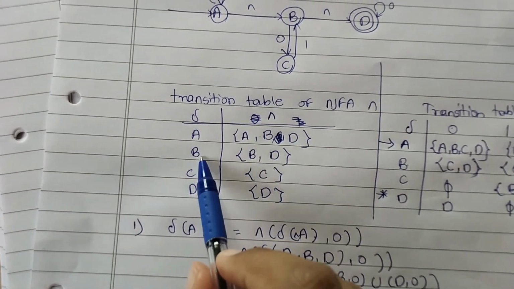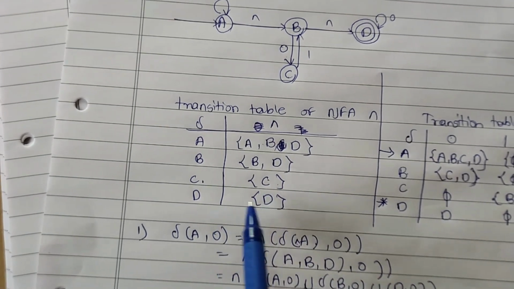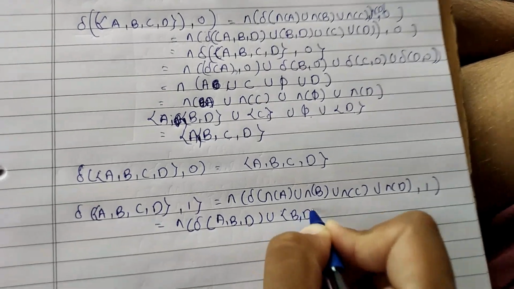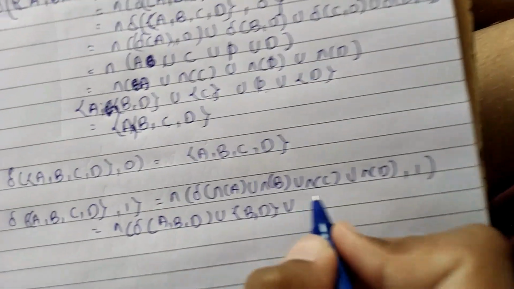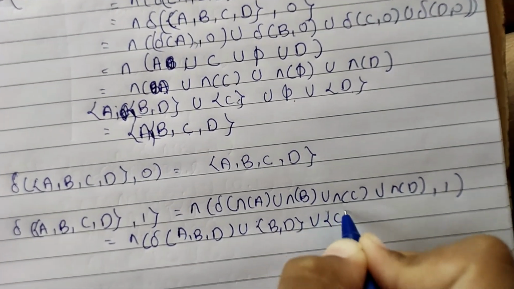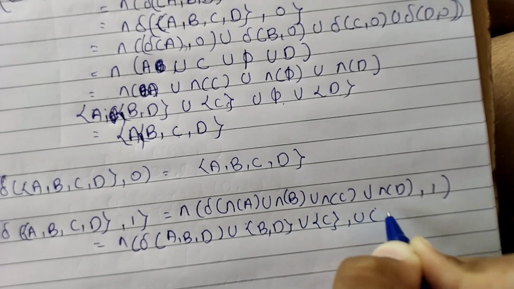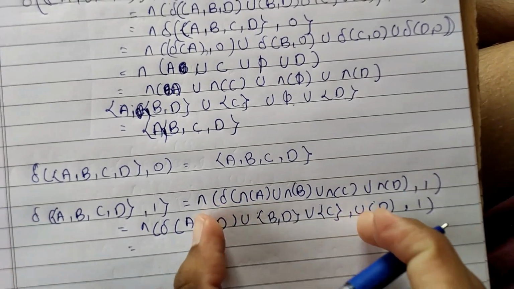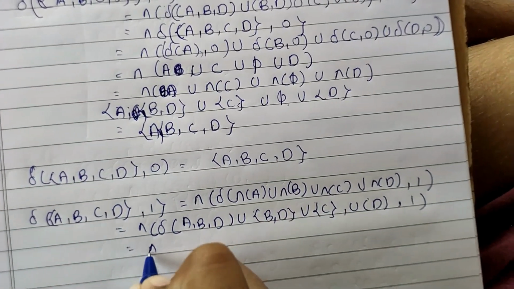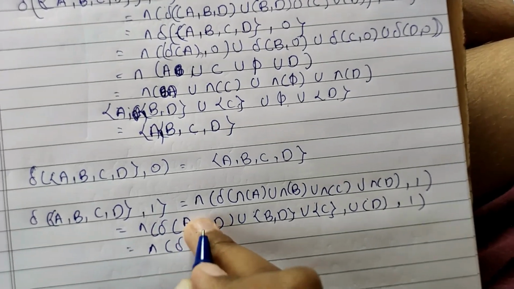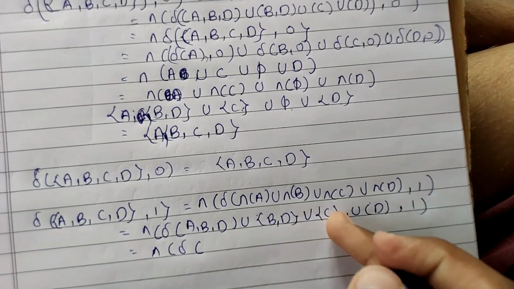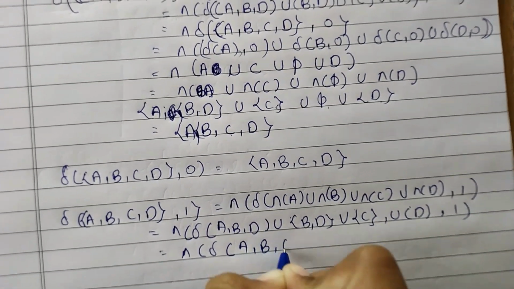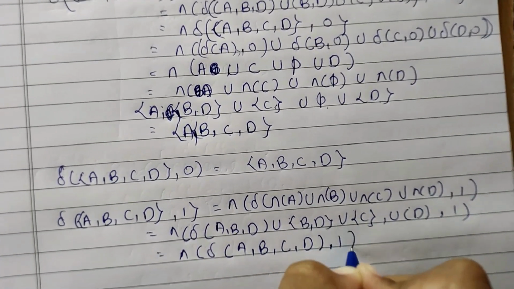Null of A is ABD, null of B is BD, null of C is C, and null of D is D. So we perform union on this, and we get again ABCD, because ABD, BD comes here also, this C we add, and D we also write. So A, B, C, D, comma 1.